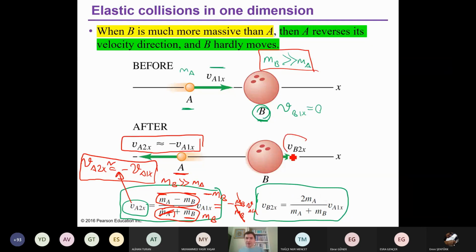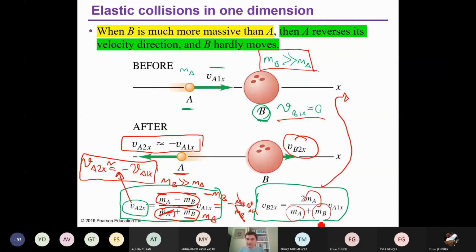What about the final velocity of the B ball? At the beginning, the B ball was at rest. Now just apply this equation and try to solve it. Here I have MA, the mass of the A ball, and here I have the mass of the A ball plus the mass of the B ball.